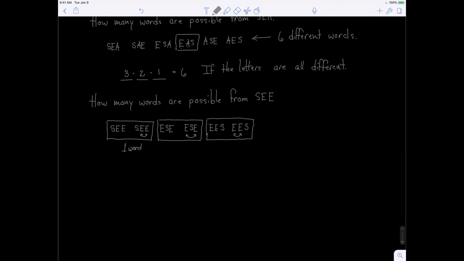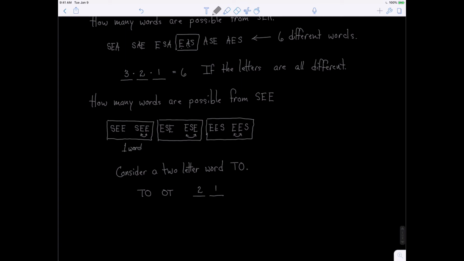Suppose I have a 2-letter word. So let's consider a 2-letter word. How about T-O? Well, notice that then I could write T-O, or I could write O-T. Now notice that T-O, those are different letters. So in the first spot, I could put two different letters.